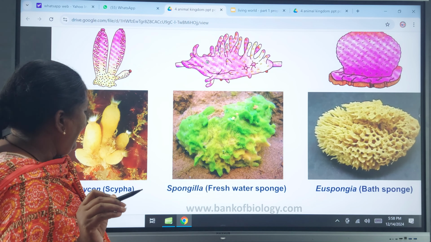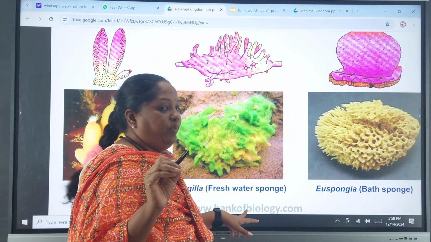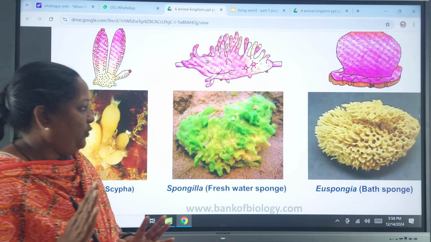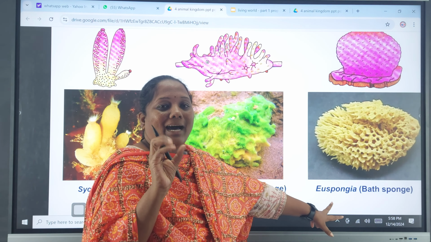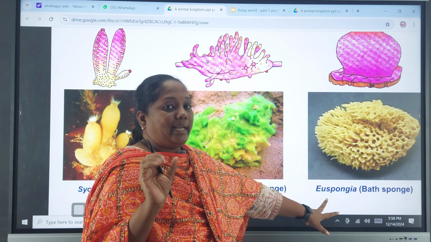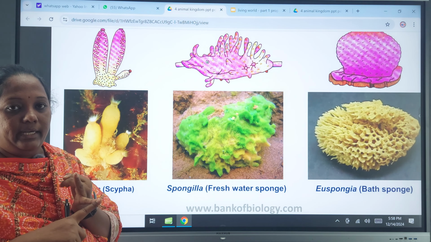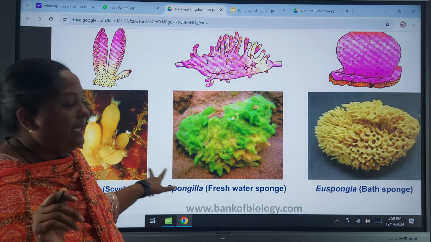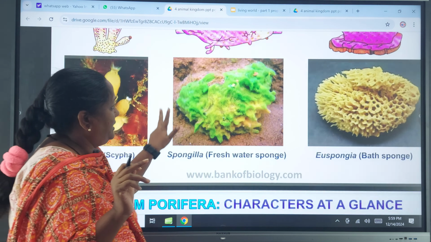The next one is Spongilla, a freshwater sponge, which lives only in fresh water. Then Euspongia, which looks like a bath sponge. These may be solitary, sedentary, or colonial. These are the three best examples for the porifera. You may get them in the question.